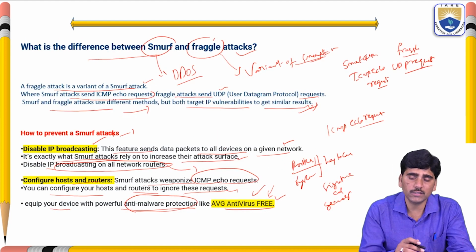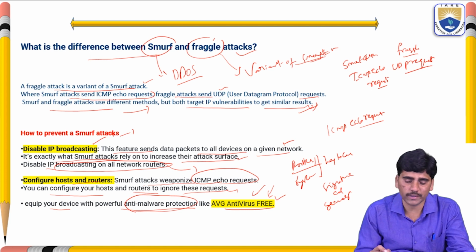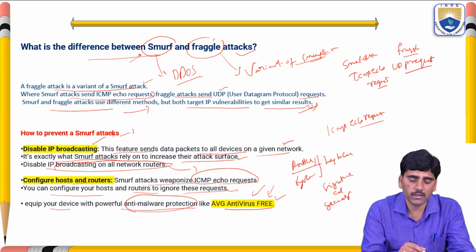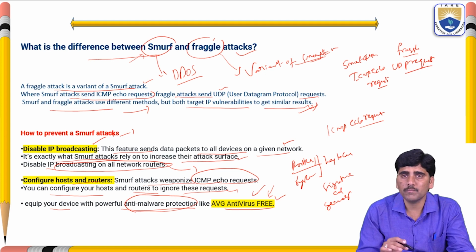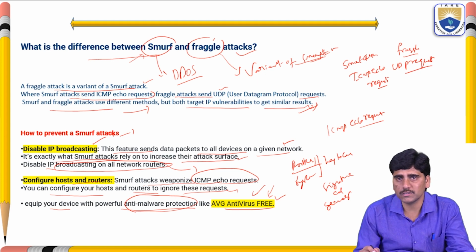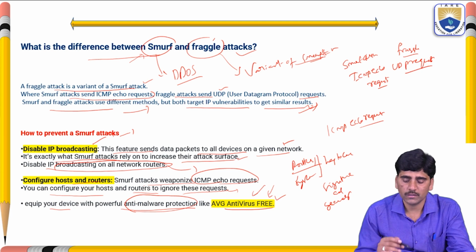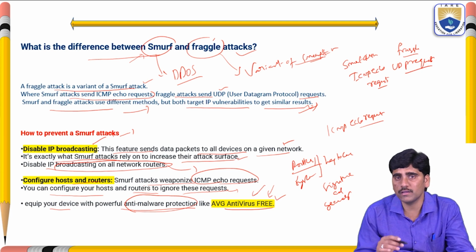And what is the difference between Smurf and Fraggle attacks? Smurf is a type of DDoS attack, but Fraggle attacks are a variant of Smurf attacks. The attack methods are the same, but they use different methods of attacking and get a similar result.